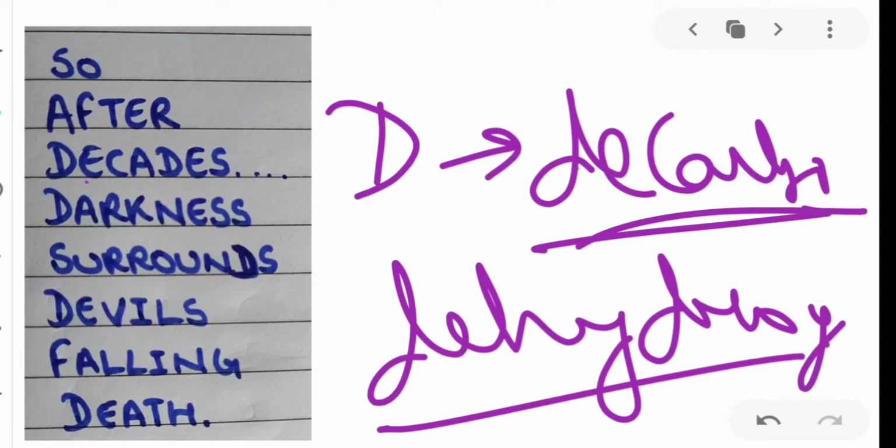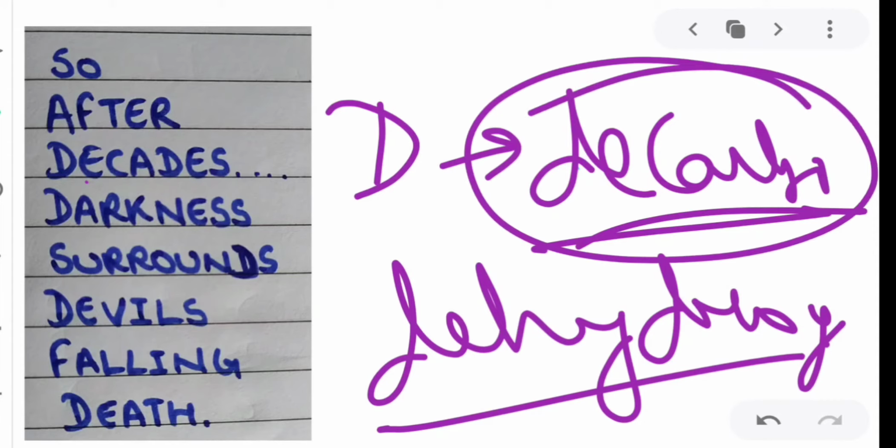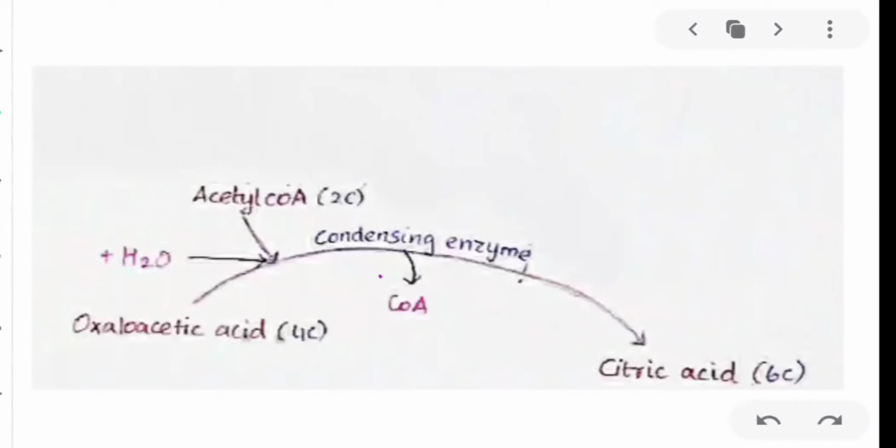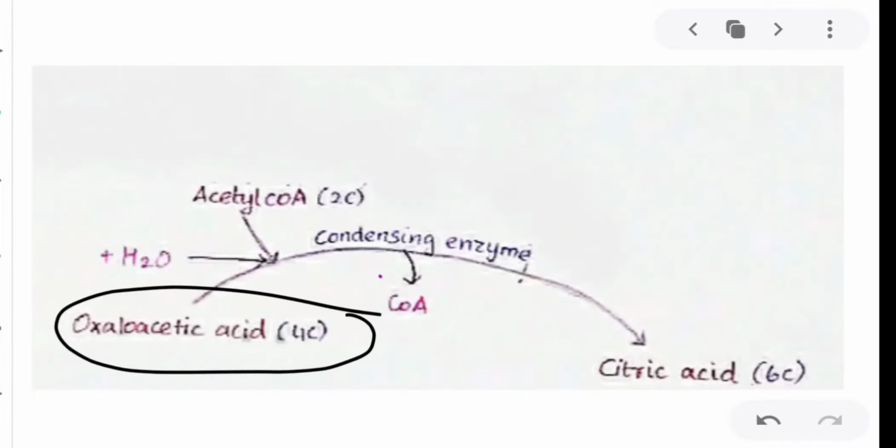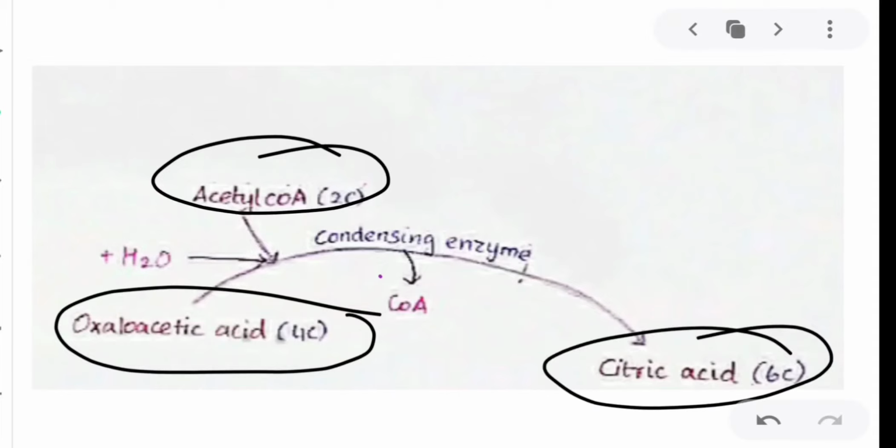If carbon dioxide is released in the reaction, then decarboxylase comes, and if NAD or FAD or any other substrate is reduced, then dehydrogenase comes. The first step is oxaloacetic acid along with acetyl-CoA forming citric acid. The enzyme used is citrate synthase, also called the condensing enzyme.